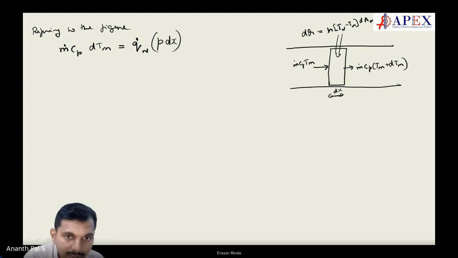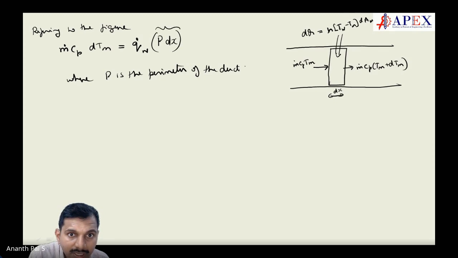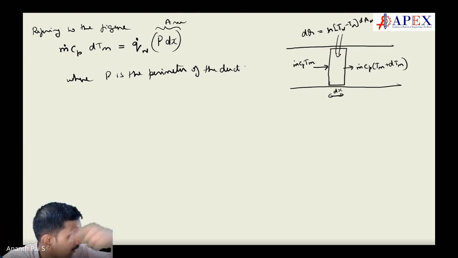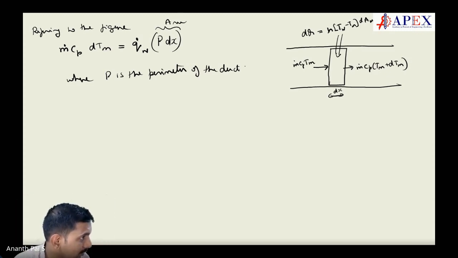P is the perimeter. I'll write P capital because small p we are using for pressure, where P is the perimeter of the duct, because this gives the area, is it not? The area of the wall, A_W, is what? Perimeter into dx, is it not?